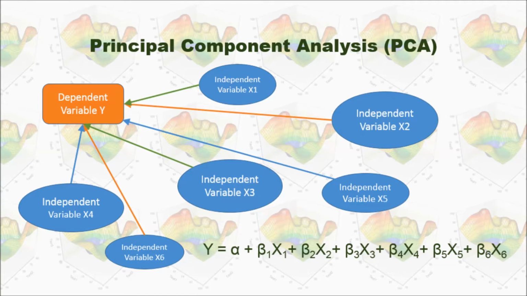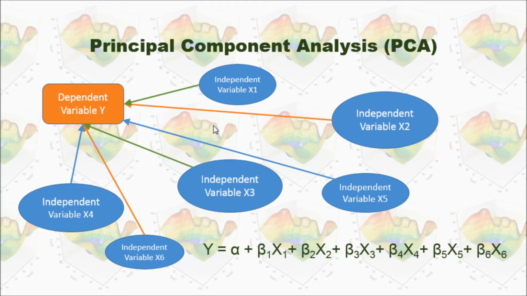Briefly, principal component analysis works like this. For example, we have a dependent variable y, and then we use all 6 independent variables to try to predict this dependent variable y. And at the beginning, we can write a formula something like this. With principal component analysis, for example, we want to reduce the independent variables to 3 variables.